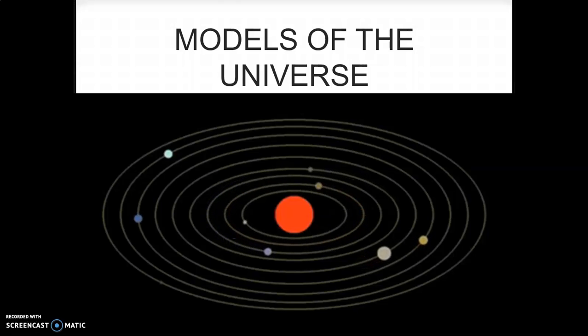During the time of Claudius Ptolemy, the geocentric model was the accepted explanation of the different motions in the universe. The Sun, Moon, stars, and five planets, which are Mercury, Venus, Mars, Jupiter, and Saturn, move around the Earth.